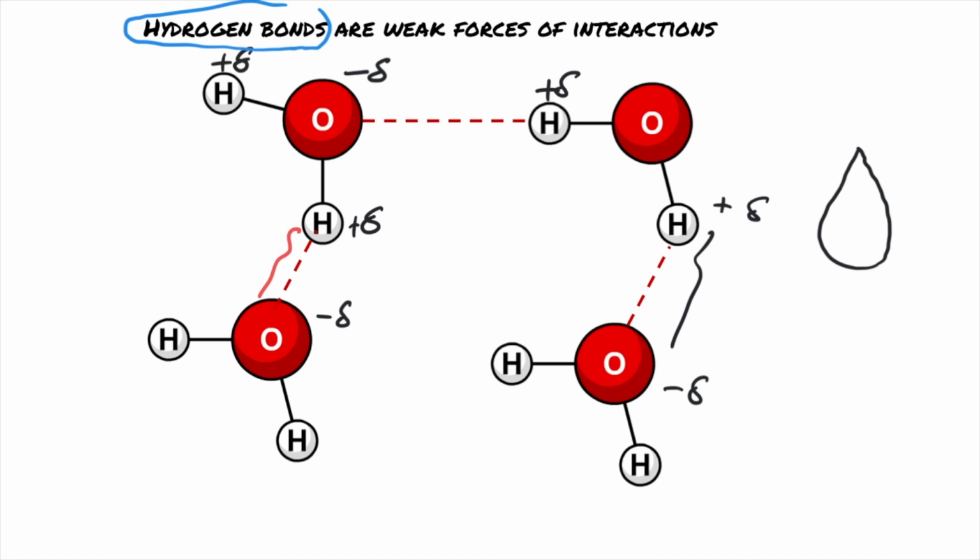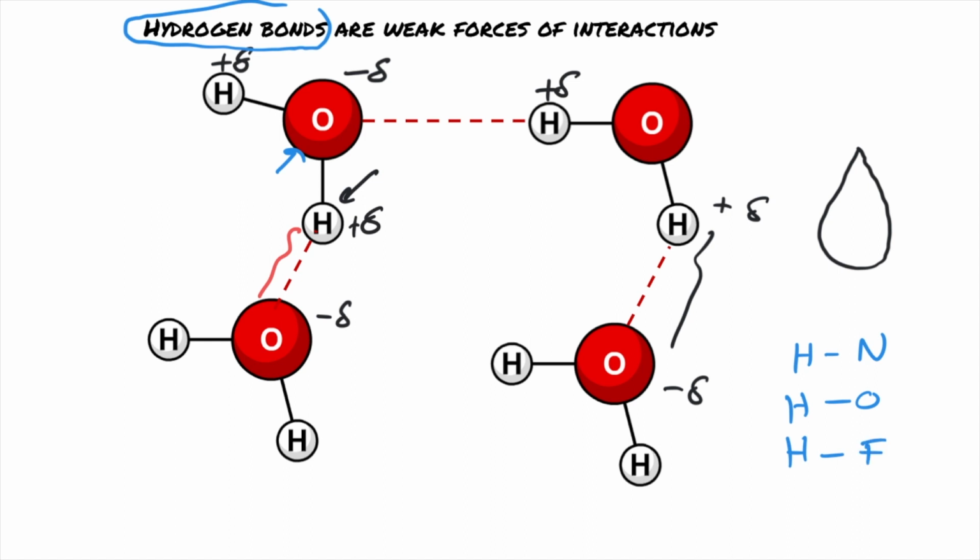Why is it called hydrogen bond? Obviously because it always involves hydrogen. It has to be hydrogen attached to an oxygen. As we're going to see later on in the syllabus, it could also be hydrogen attached to nitrogen, or even hydrogen attached to fluorine.